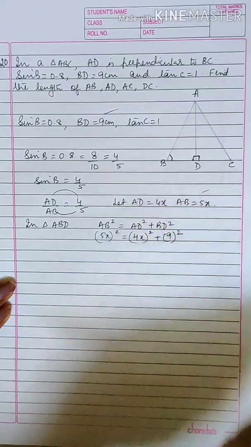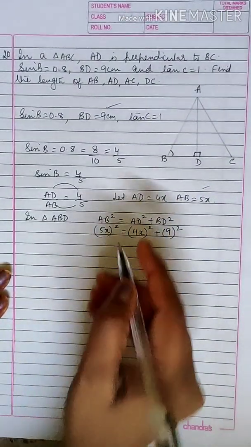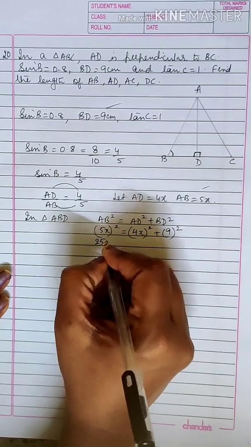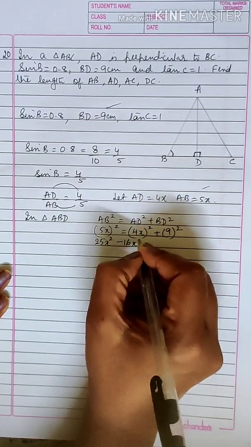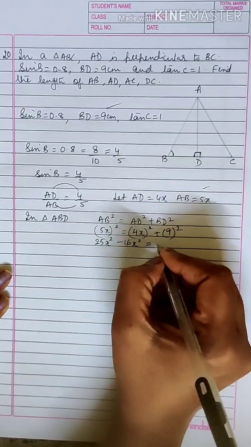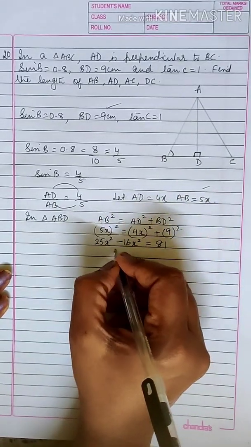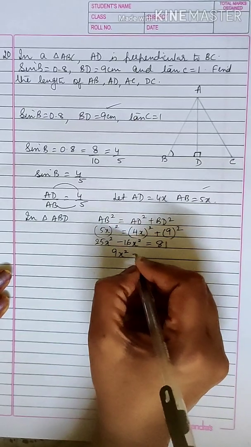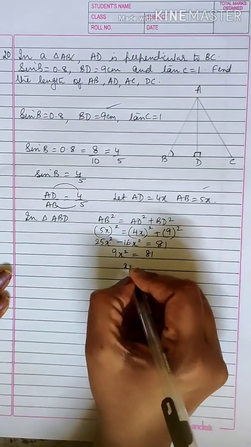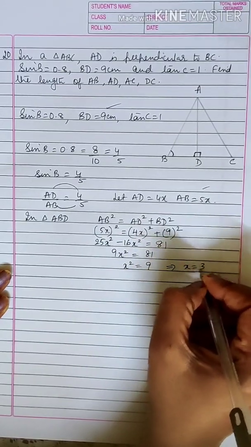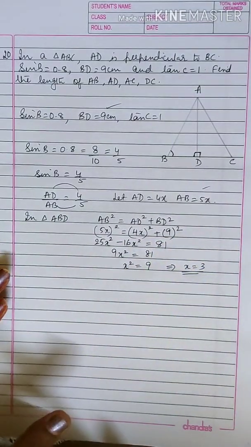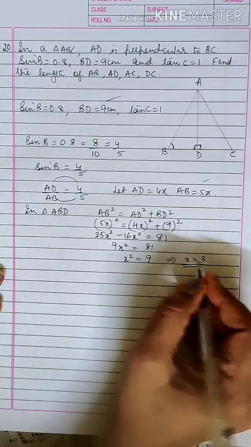So you can substitute the value of BD as 9. So this becomes 25x square minus 16x square is equal to 81. So this is 9x square is equal to 81, or x square is equal to 9, which will give you x is equal to 3. So here you get the value of x is equal to 3.